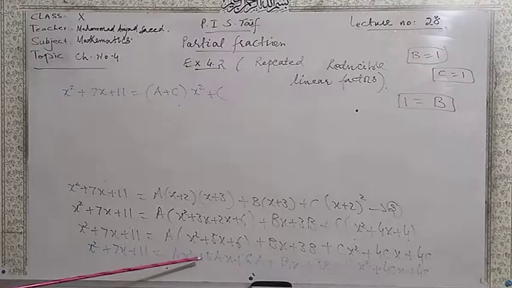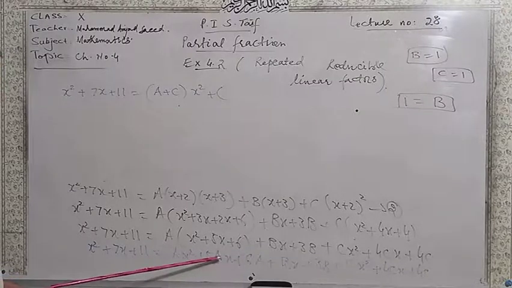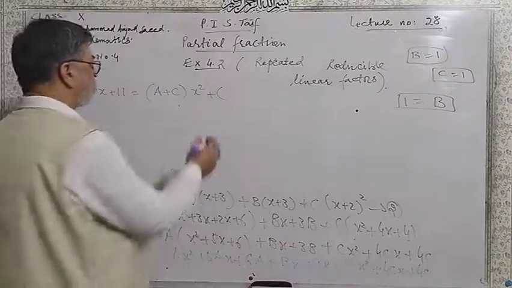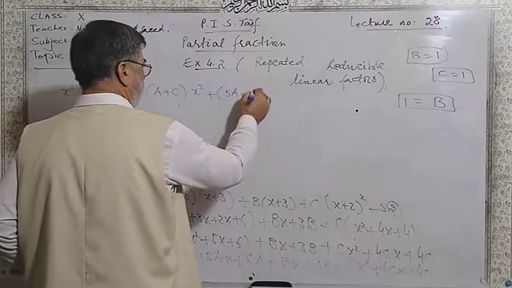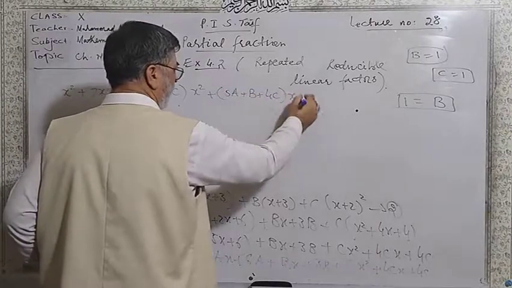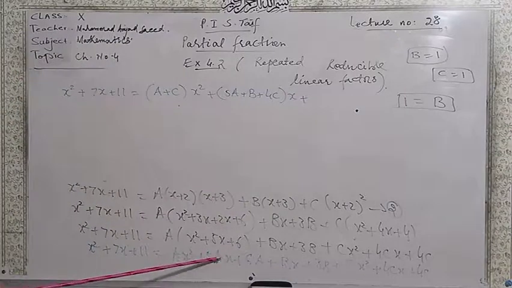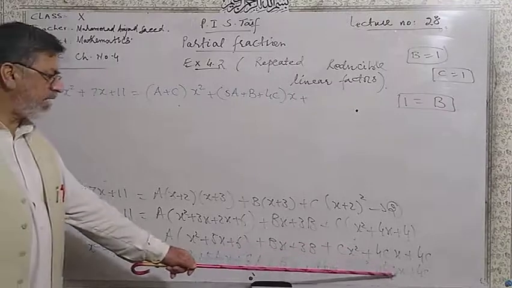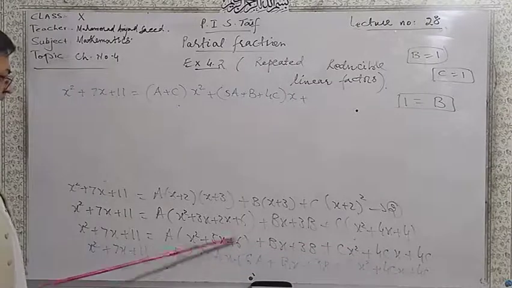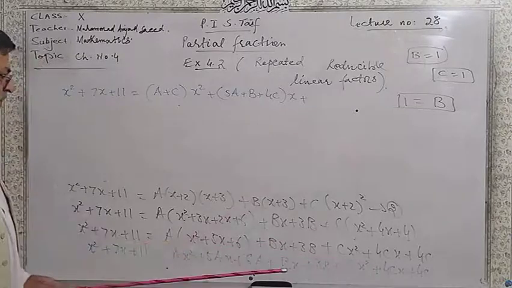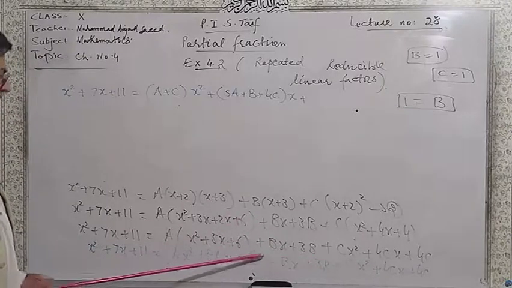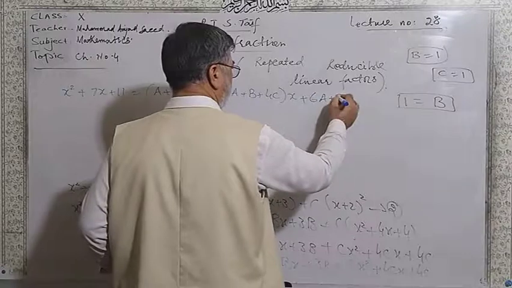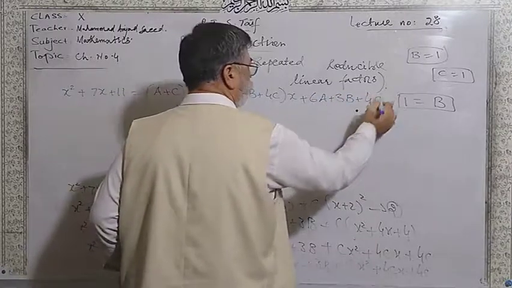Similarly, after x square we have the term with x: 5a plus b plus 4c into x. 5a, x is common, bx, x is common, 4cx, x is common. So we got 5a plus b plus 4c into x. After that, constants: 6a plus 3b plus 4c.